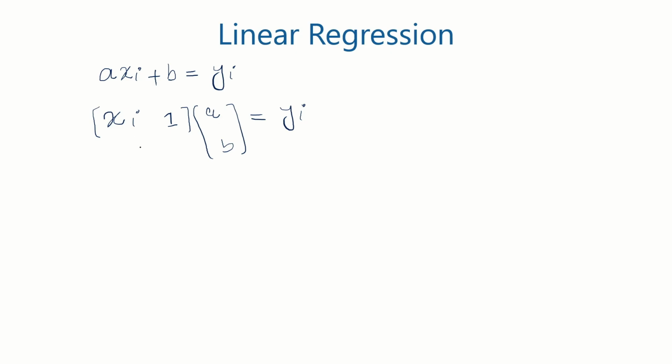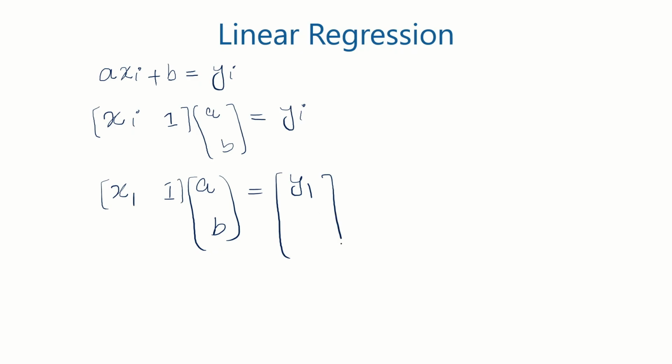What we can really do is have the first data sample as [x1, 1] times [a, b] equals y1. Then we can have the second example concatenated down there, because the same equation has to hold for the second example as well. The same equation has to hold for the third sample as well, and so on.